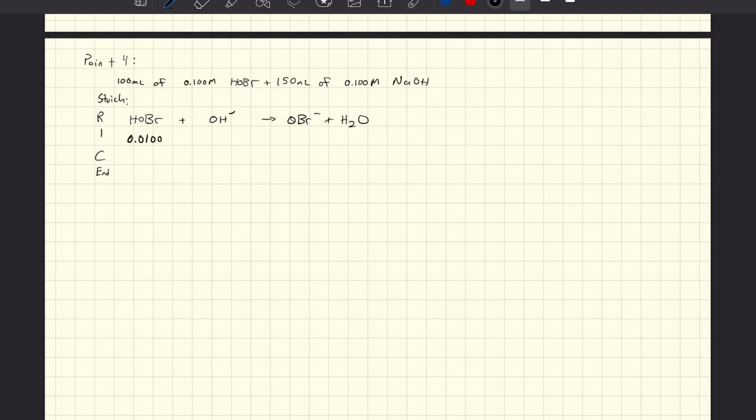OH minus is 0.0150 moles, and that's just the molarity times the volume. All right, now HOBr is actually our limiting reactant.